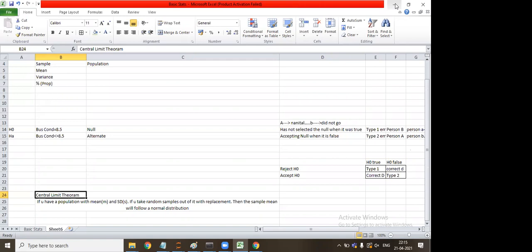Let's say, for example, I have a room full of tennis balls. As a first step, I took 100 balls in the first sample. In the second sample, I took 200 balls. In the third sample, I took 500 balls. So these 1, 2, 3 are iterations of the sample.